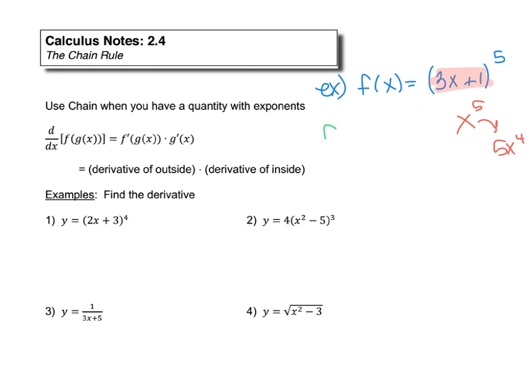So when we're thinking about the derivative of this, f prime, we're going to start by applying the power rule to the outside. So we bring the 5 down. We don't even mess with the inside function yet. It stays exactly how it is. And that's f prime of the inside function. So f prime is, I just take the outside function derivative, 5x, and then raise that to the fourth power.